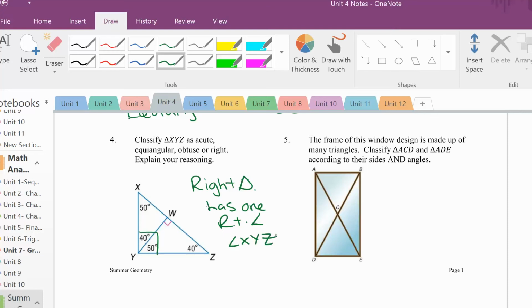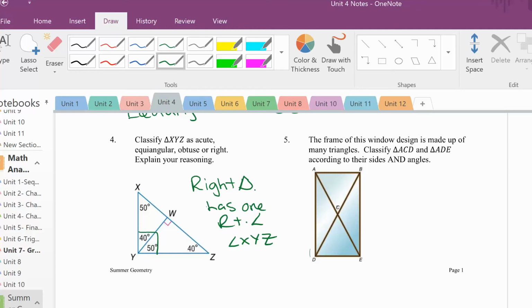All right, the frame of this window design is made up of many triangles. Classify triangle ACD and ADE according to their sides and angles.